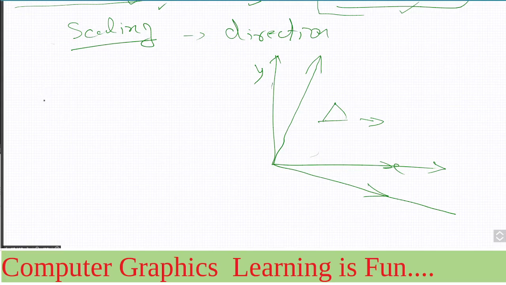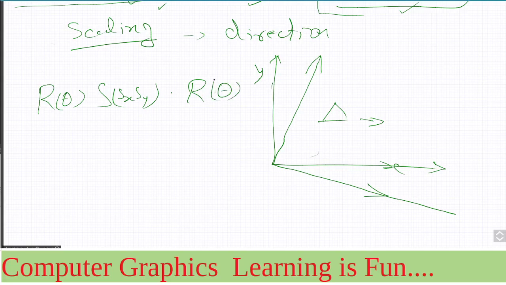Suppose a certain situation occurs where you need to perform rotation, scaling and rotation again. So you are performing a rotation with theta, then you are performing a scaling with your sx, sy, whatever values, and then you are performing again a rotation.